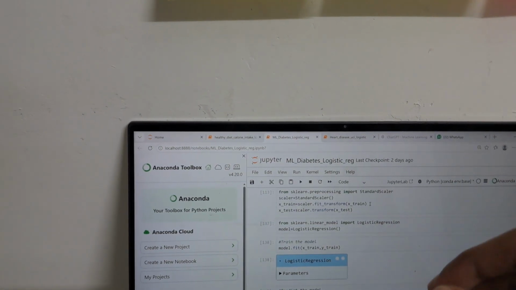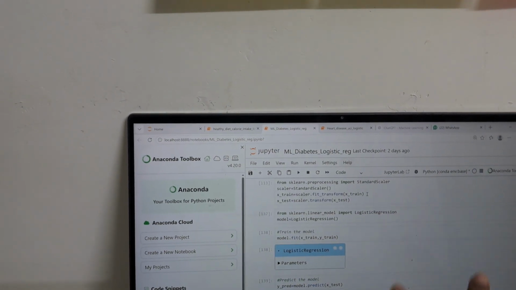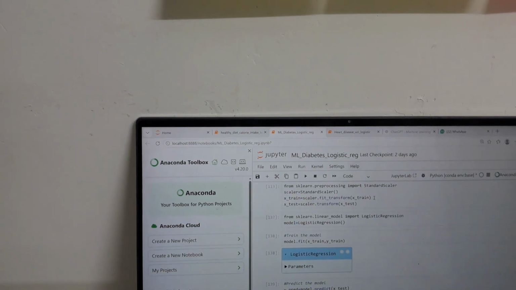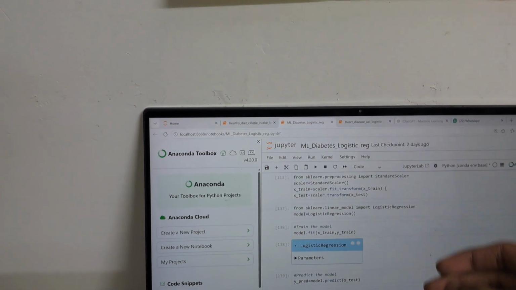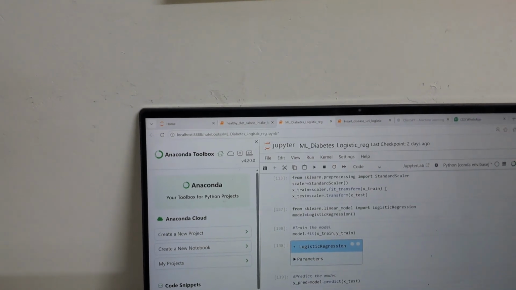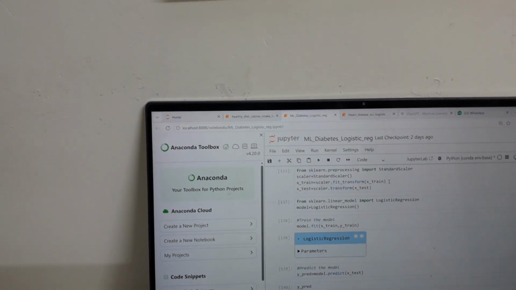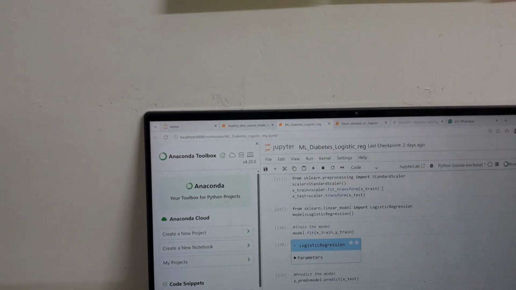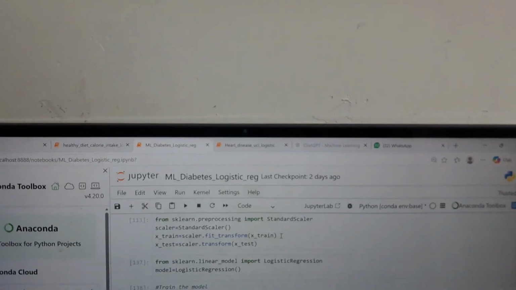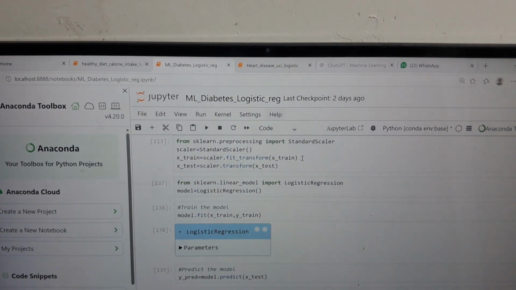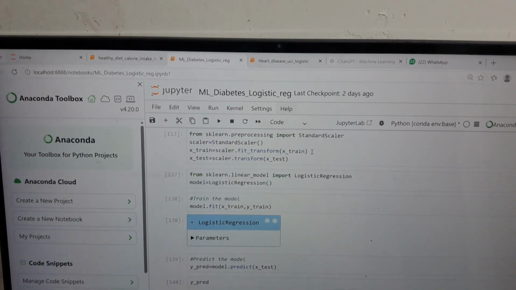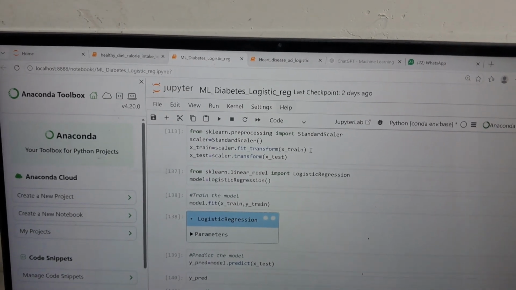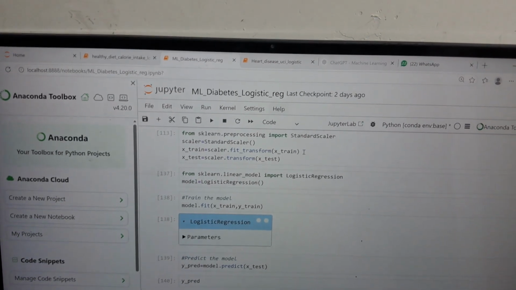So I'll convert those numbers into the range 0 to 1, scaled like a percentage. That is normalization. In each numerical column, the range will be 0 to 1 only, not one column with 2 digits and another with 7 digits.